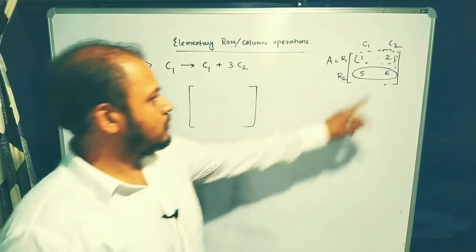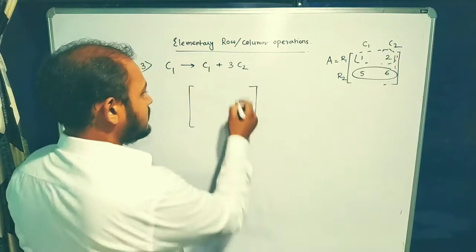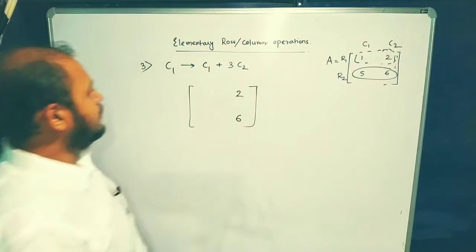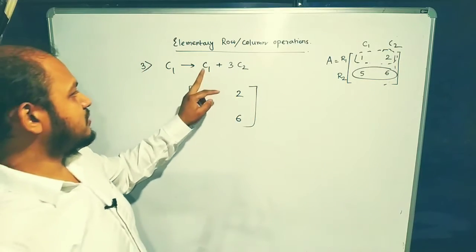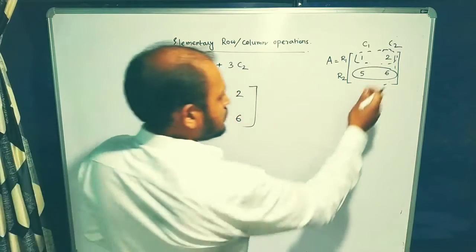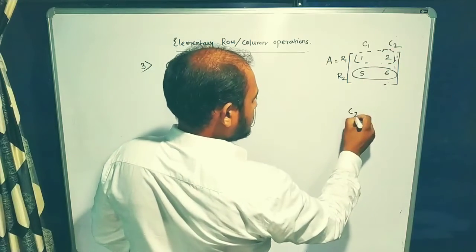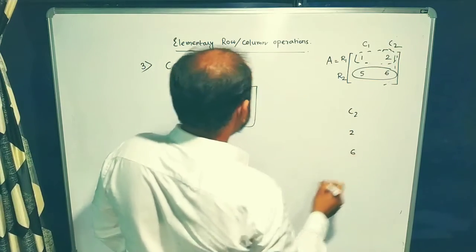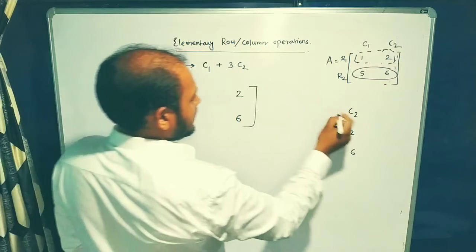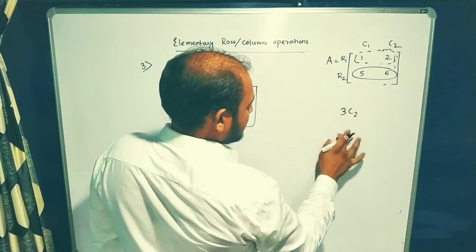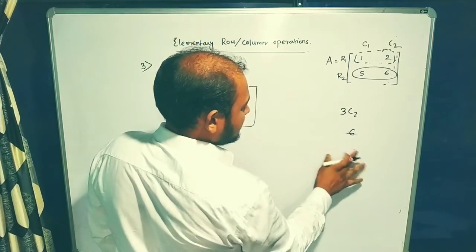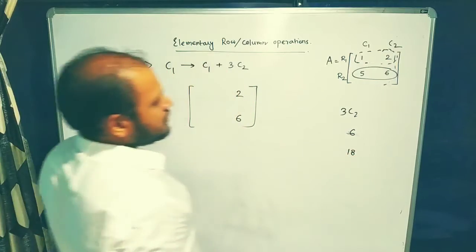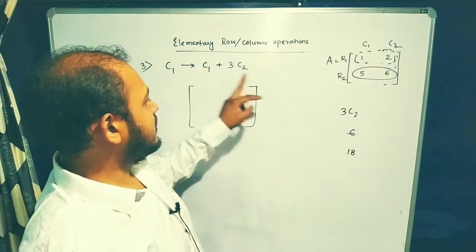C2 remains the same. So write C2 as it is, 2 6, and look at C1. C1 becomes C1 plus 3 C2. So let's look at C2. C2 is 2 and 6, and we have to multiply C2 with 3. So 3 2s are 6 and 6 3s are 18. Now C1 gets added with 3 C2.